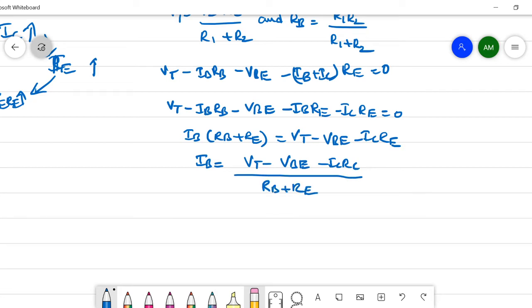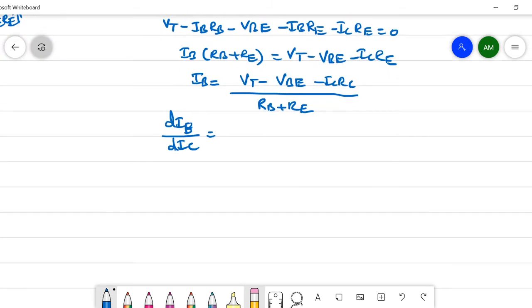Differentiate IB with respect to IC. Then dIB by dIC is equal to: Vt is constant and VBE is also constant here, so the differentiation of these constant terms is equal to 0, and the differentiation of IC with respect to IC is nothing but 1.